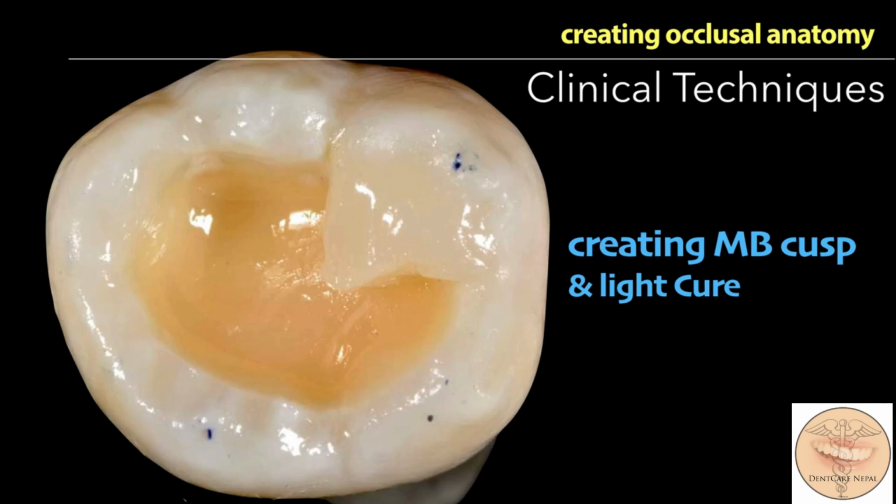You can use a bit of modeling liquid to adapt the cusp well, but don't increase the volume. As written in the morphology, it's the most uniform and easiest cusp to model, but we have to study the anatomy before doing this.